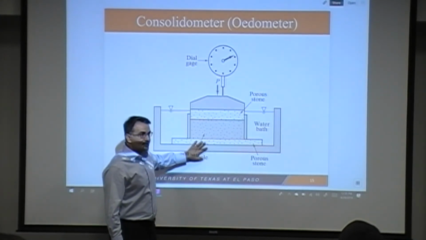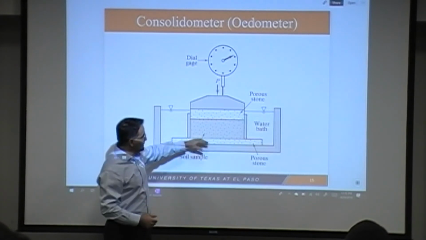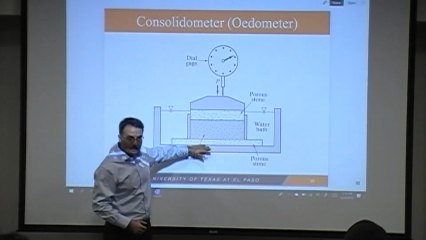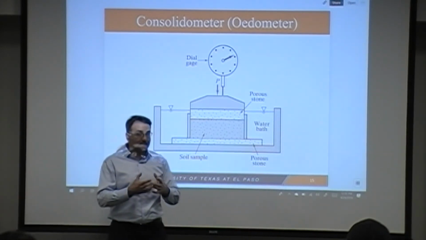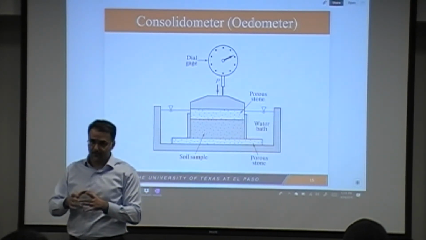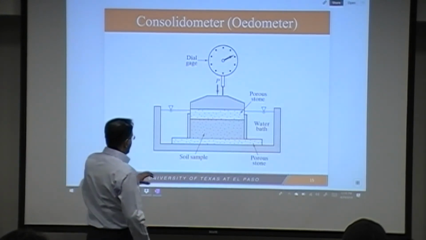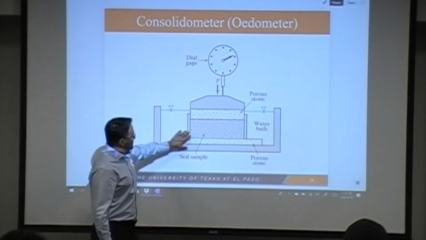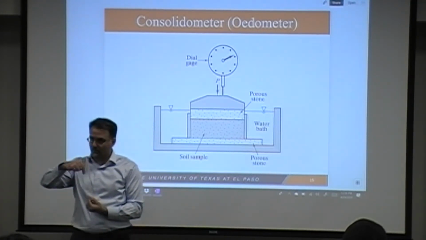What this means is that the water can essentially either penetrate or escape through the top platen and bottom platen, right? These two porous stones that we have. All around it is going to be that metallic ring that we see there. The path of seepage is going to be important, so we will talk about that at some other time. All right, you place a sample here, and then you have the dial gauge and the mechanism that you apply the load.